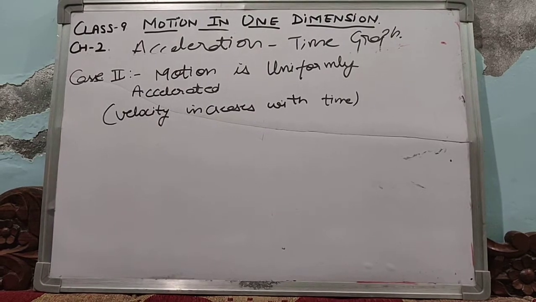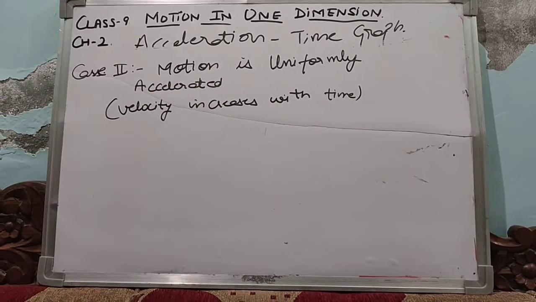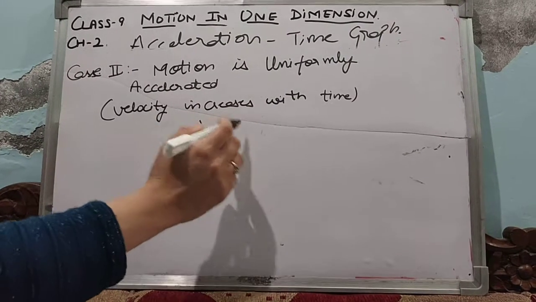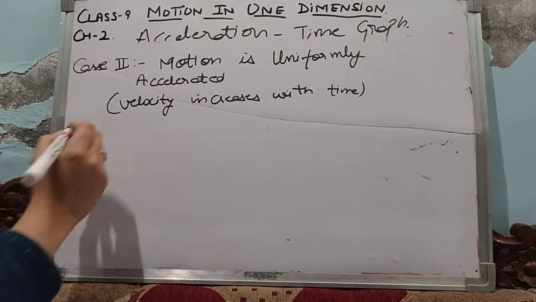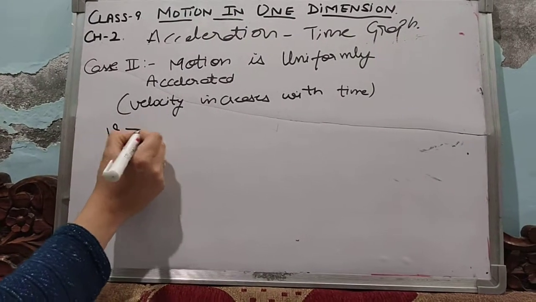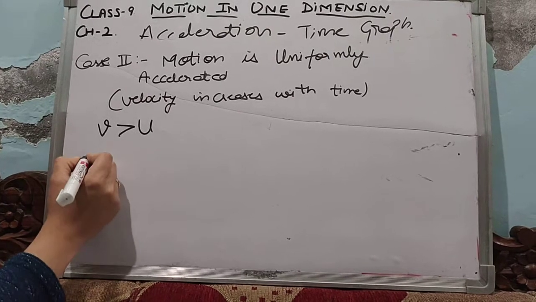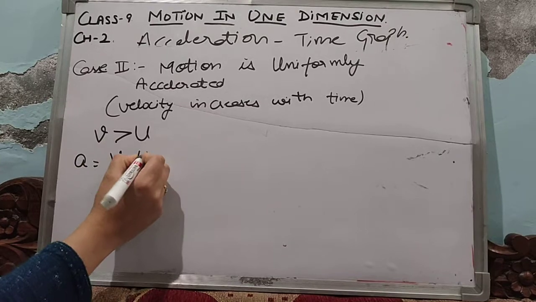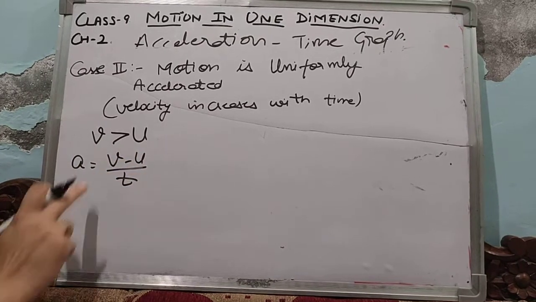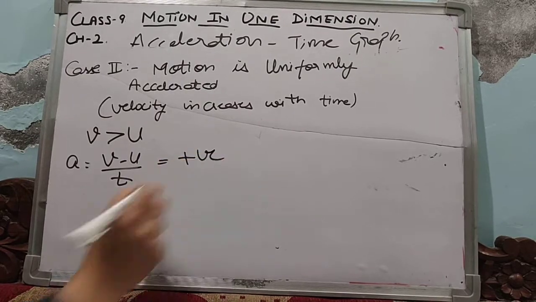Now the second case is when the motion of a body is uniformly accelerated, meaning velocity increases with time. As velocity increases with time, we can say that final velocity is greater than your initial velocity. What about acceleration? Again, we'll apply the formula a = (v - u)/t. As final velocity is greater, acceleration will be positive, right?